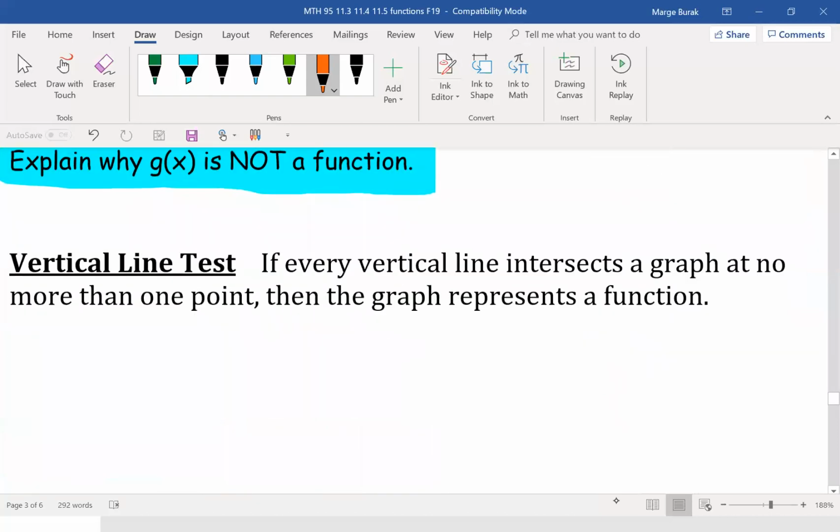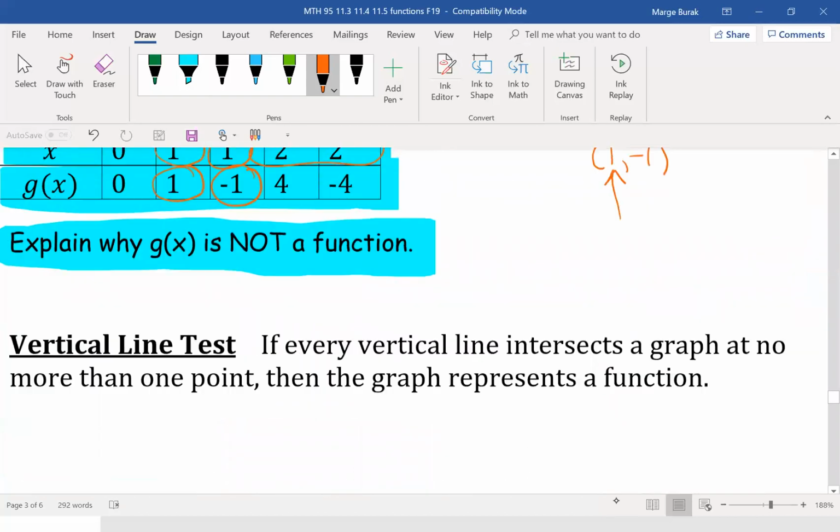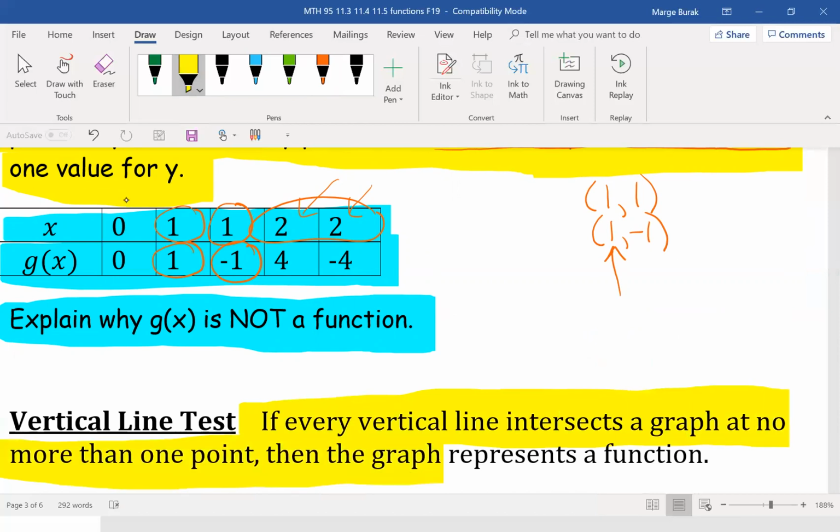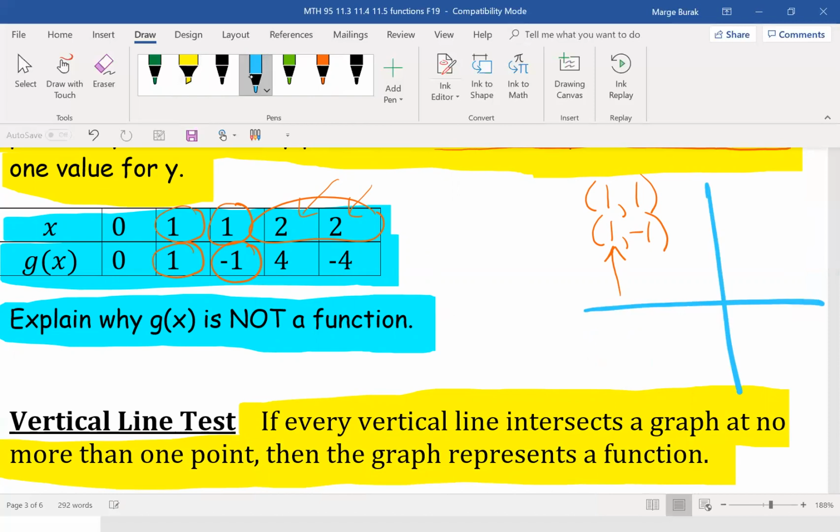So one way you can do it is to use a vertical line test. Let's think about this. If every vertical line intersects a graph at no more than 1 point, then it is a function. So let's think about if I was going to graph these points, I would put a point at 1, 1, and another point at 1, -1, a point at 2, 2, and a point at 2, 4.